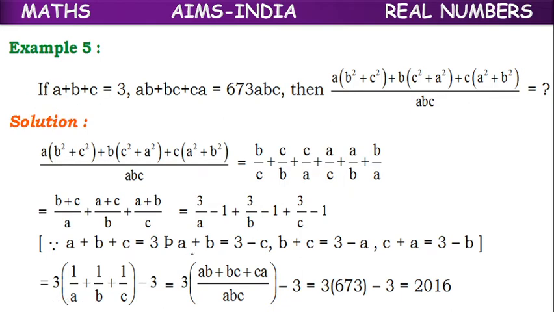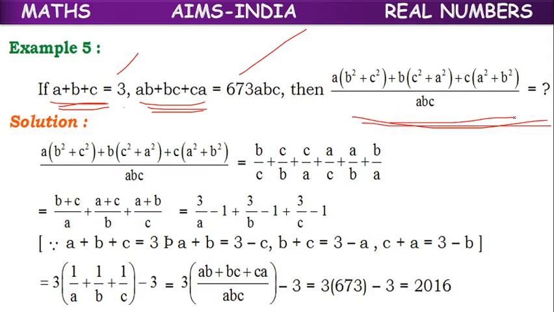Next challenge. If a plus b plus c equal to 3, ab plus bc plus ca equal to 673 abc, then find this value. We have to find the given value.